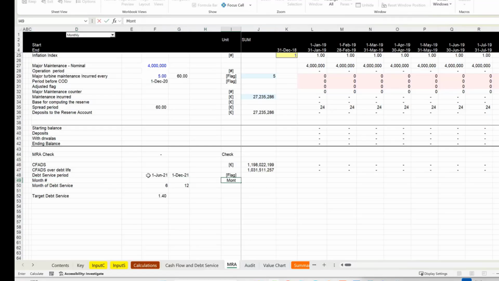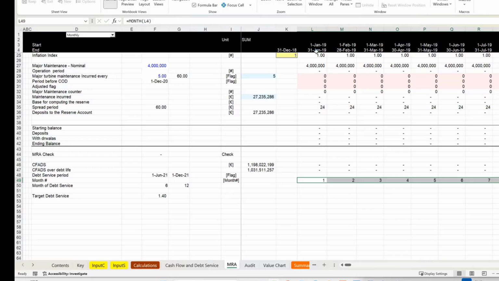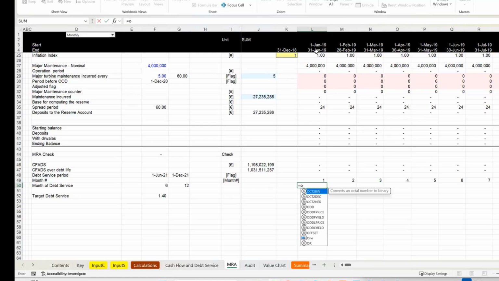Okay. And go forward. I'm sure there's a better way to do this, but this is just put equal month and just click on that. It doesn't matter if you think the beginning or the end. And then go down and put equal or. And then go up to that month number and put an equal sign to the 6.